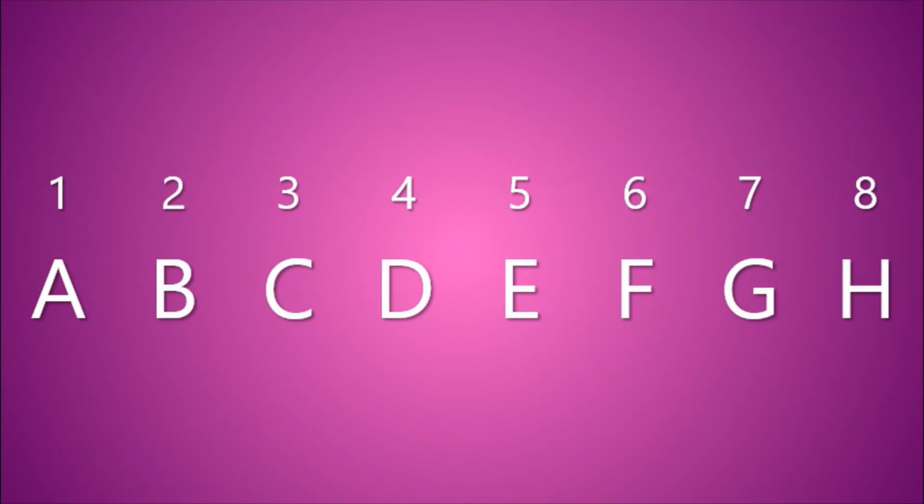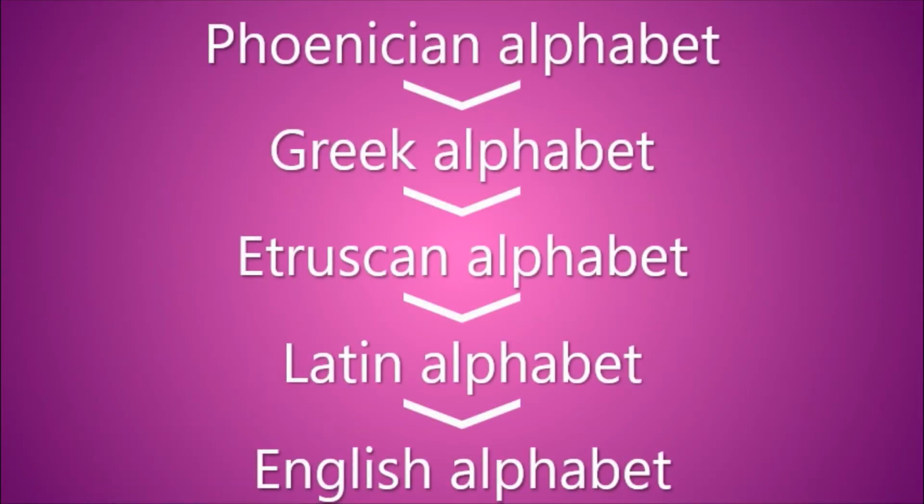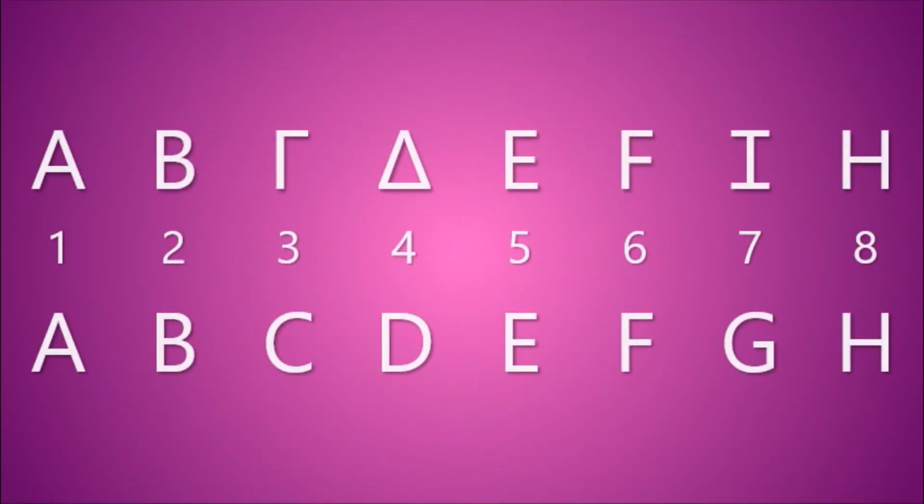Well, remember how the Latin alphabet came from Etruscan, which came from Greek. Well, educated Romans with knowledge of Greek wanted Latin alphabetical order to match up with the system of Greek numerals. Under the Greek numerals system, the first letter of the alphabet, alpha, was 1, the second letter, beta, was 2, and so on.